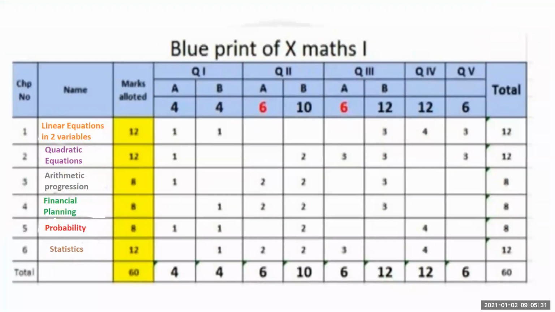So this is the blueprint of mathematics part 1. Check, actually this is last year's blueprint. Now, whichever chapters are omitted, those marks would come up in the remaining 4 chapters. Now, if you have a look at this, last year you had linear equations in 2 variables for 12 marks, quadratic equations for 12 marks, arithmetic progression for 8 marks, financial planning for 8 marks, probability for 8 marks, and statistics for 12 marks.